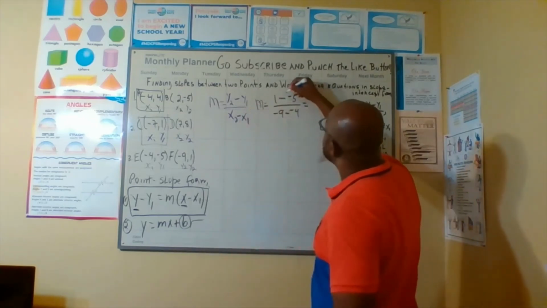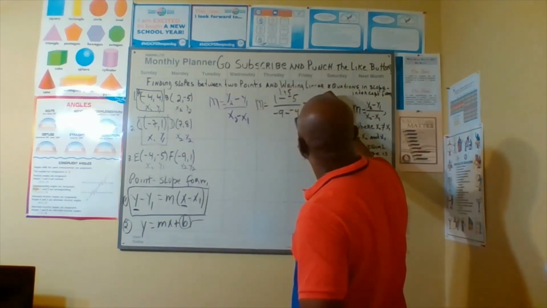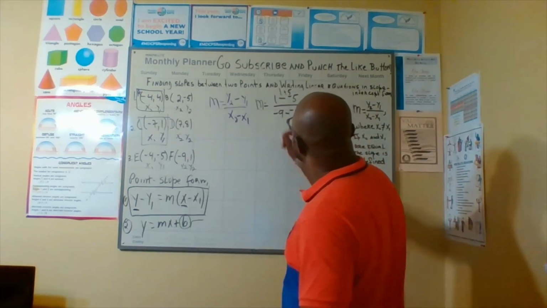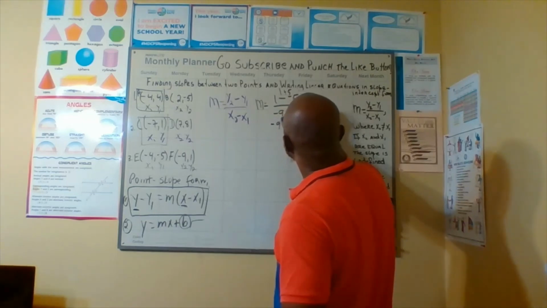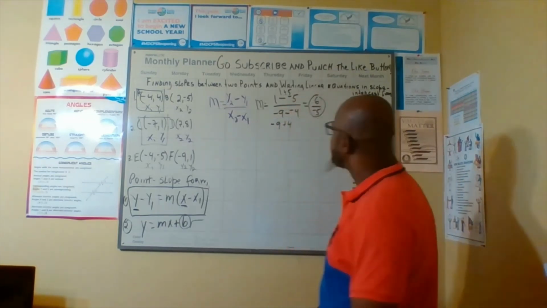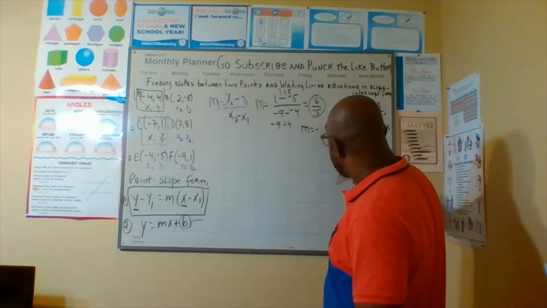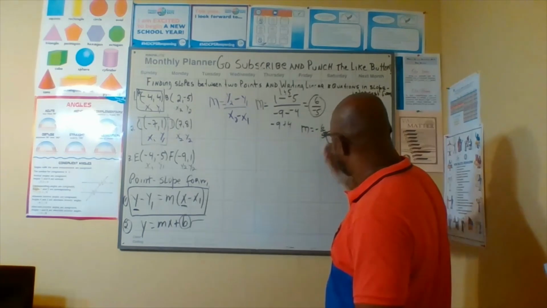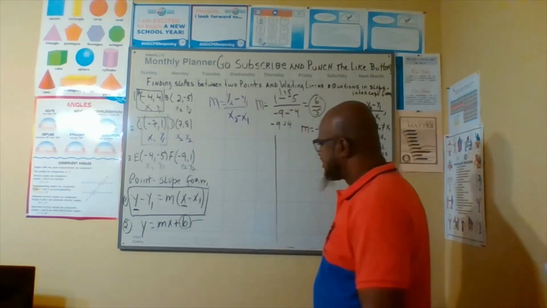Right? My numerator is going to become 1 plus 5. The last time I checked, 1 plus 5 is 6. So here you will have minus 9 plus 4, it is -5. So this is my slope, right? My slope is -6/5.